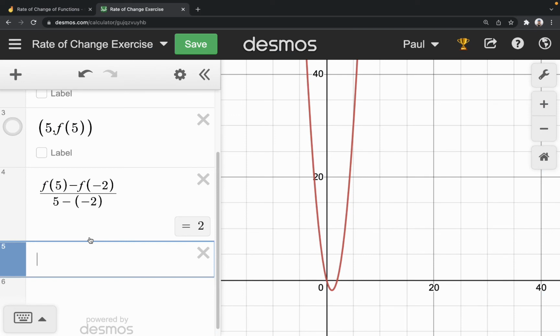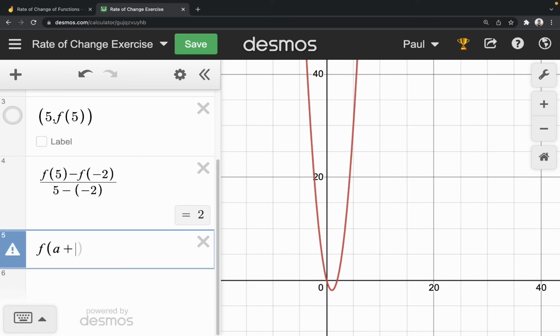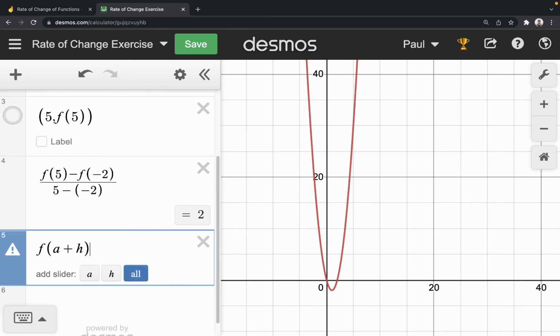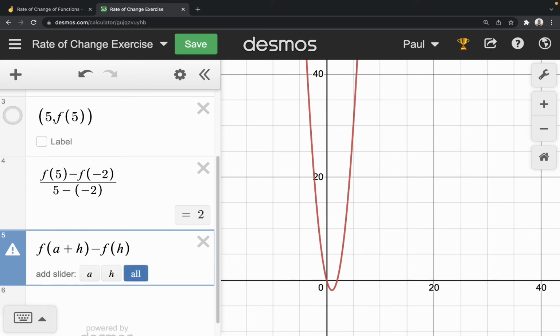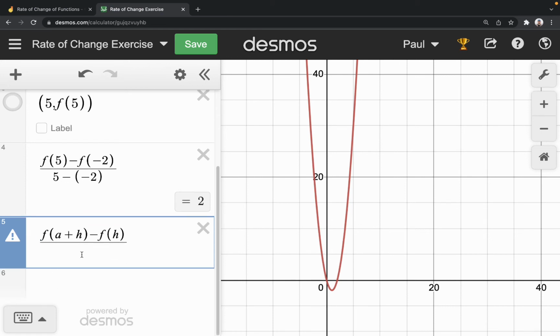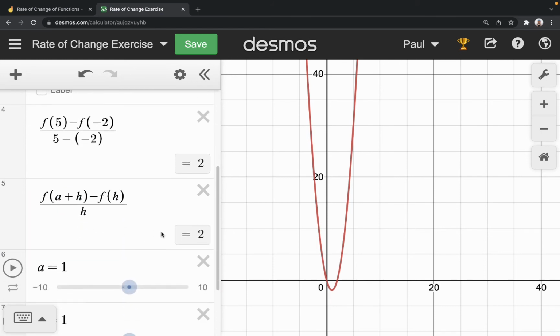The easiest way we'll be able to do that in Desmos is by using a value of a instead of x, because it's going to try to graph it if we use an x. So I'm typing out that same difference quotient, just using an a instead of x. I'm going to highlight it, divide by h, and then I'll add sliders for those.